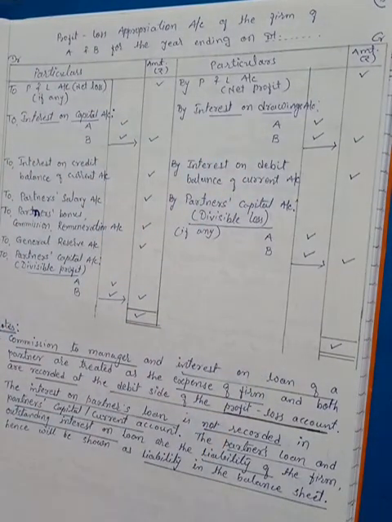I hope that you have already prepared the specimens of capital and current account as we discussed in the previous session. If it is not prepared, please complete it and submit this much part up to the appropriation account. Whatever you have prepared up to the appropriation account, you have to submit to me by Tuesday.